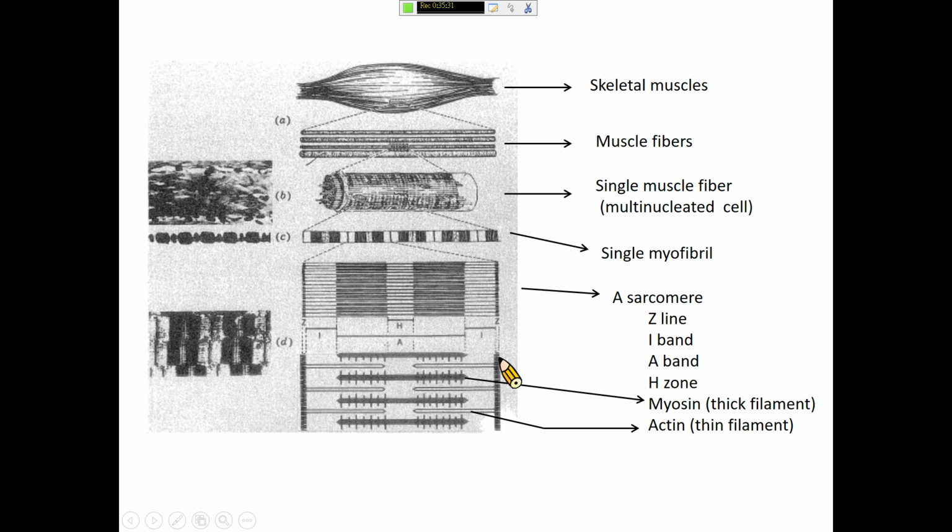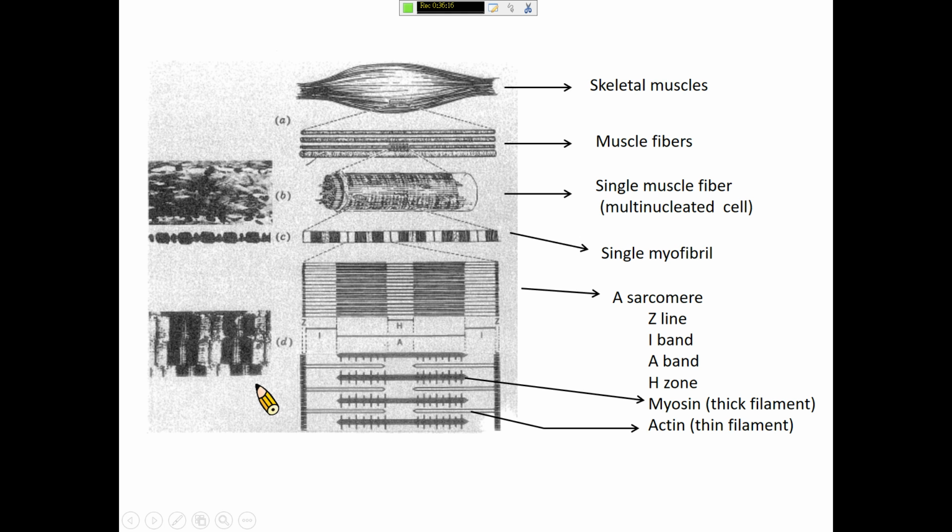Okay, and it looks like this. So now if you look at the muscle fiber or even the entire muscle, you can see there's some, we call it striation. There are some lines like this, the vertical lines. If the muscle fibers are horizontal, the striations are vertical on the surface, like this.